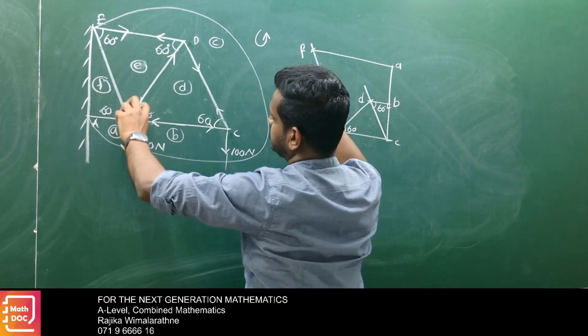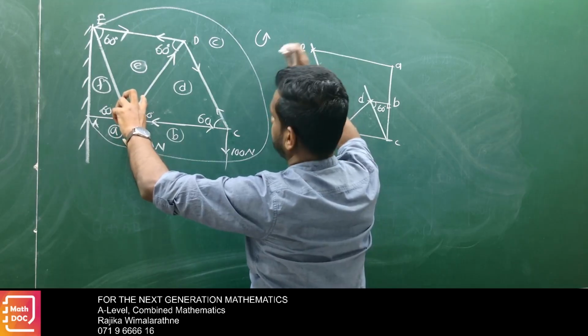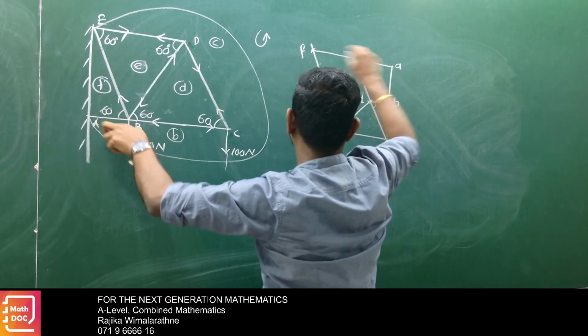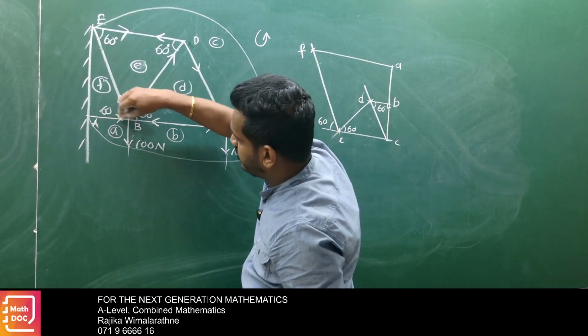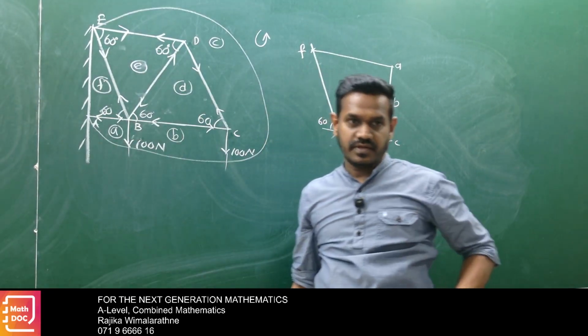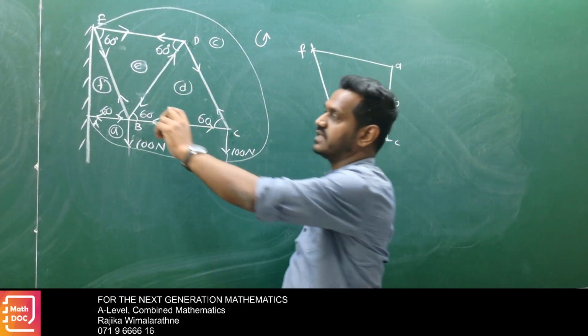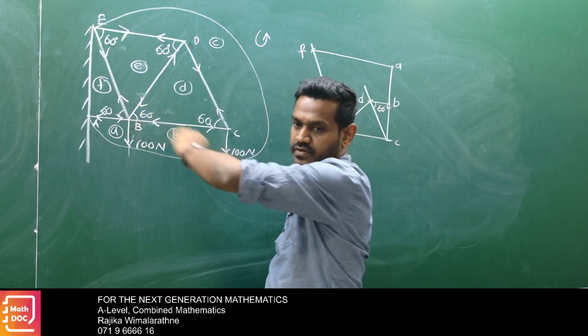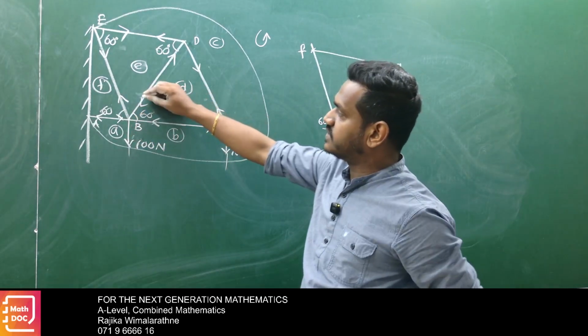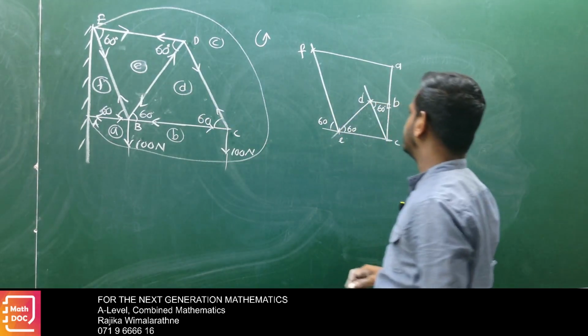Same time mark forces, EF here this way, FA here this way. Select that vertex, put your finger there and go around it. Now you have identified the type of forces, then you can find the values.